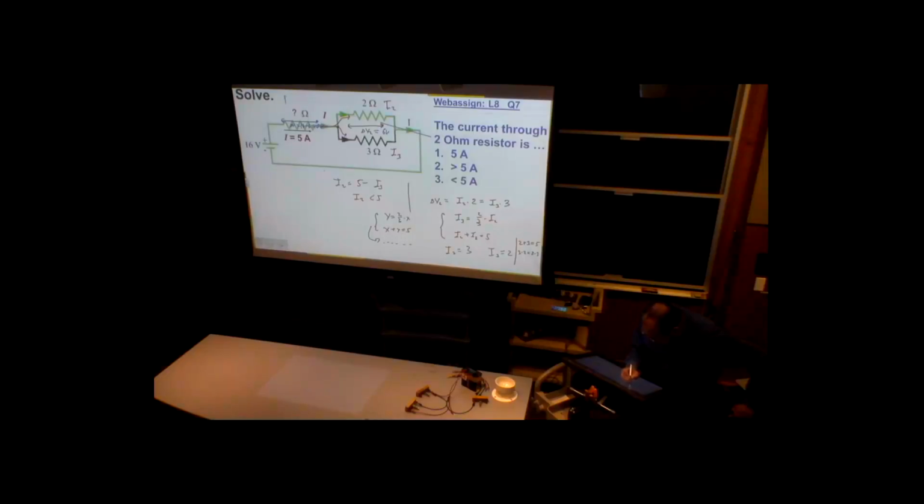So R is supposed to be equal to delta V over I. Delta V is 10, I is 5, 2 ohms, right? Okay.